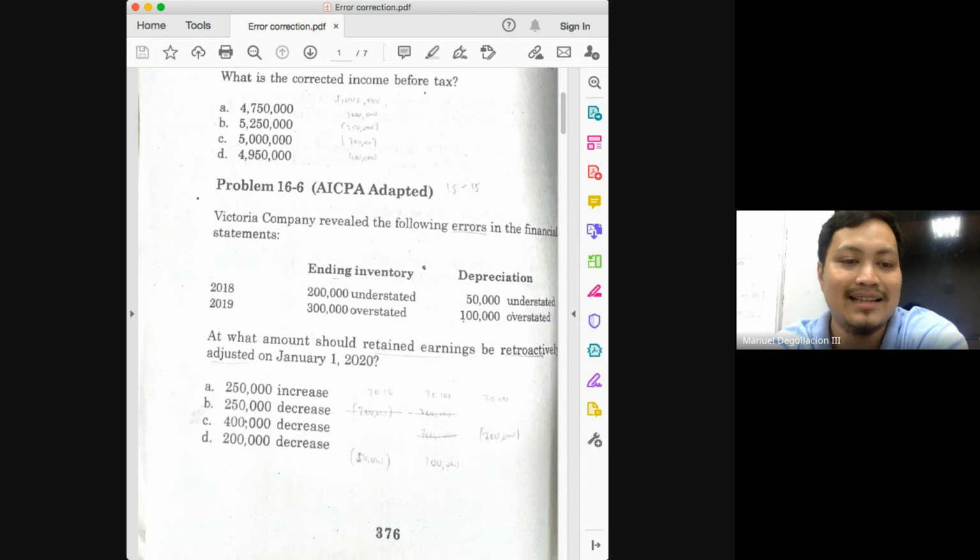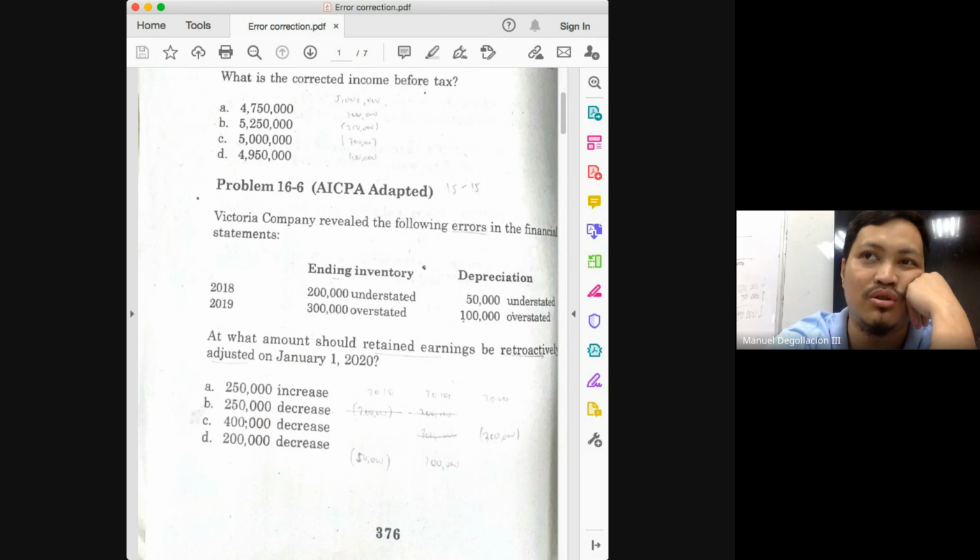Okay, but aside from that, we have other errors for 2019. And what is that? That would be your ending inventory. Okay, what happened to your ending inventory? It is overstated. So we again analyze. What's the involvement of your ending inventory in the computation of your cost of goods sold? It is to be deducted. But the amount we are deducting is overstated. The amount we deducted from TIGAS is overstated. So what would be the effect on your cost of goods sold? Cost of goods sold would be understated.